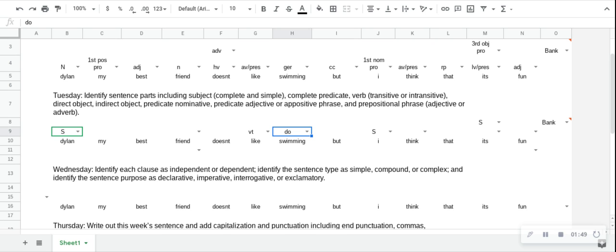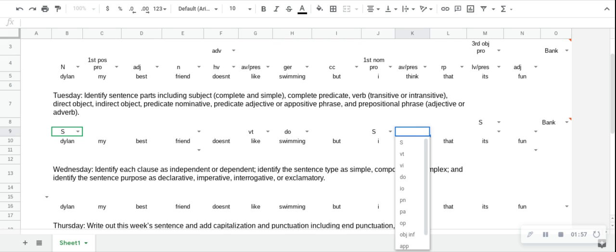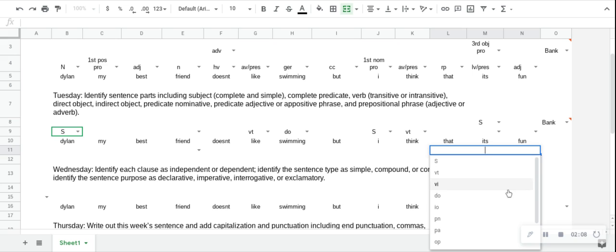All right. We have one verb. Think. Think, thank, thunk, as the Grinch would say. VI or VT? What is it they think? That entire phrase, that it's fun, is our direct object.